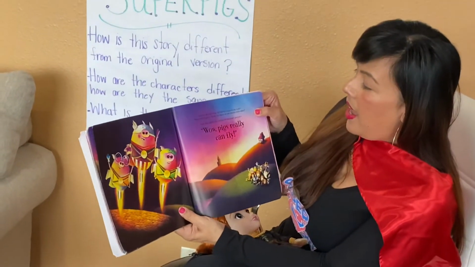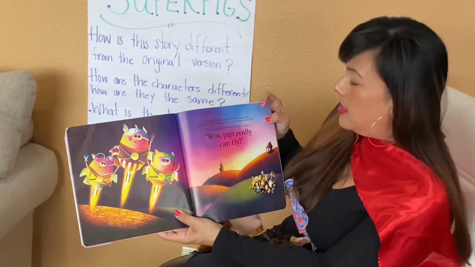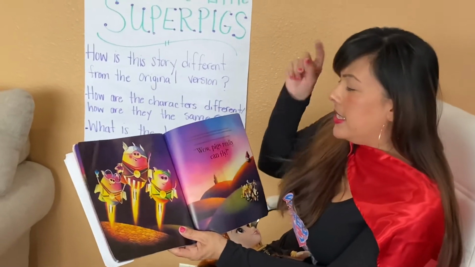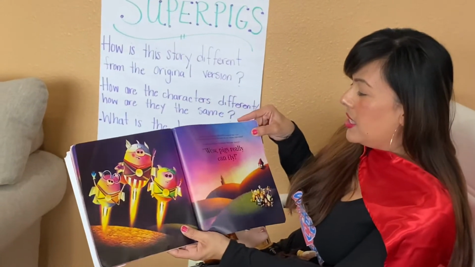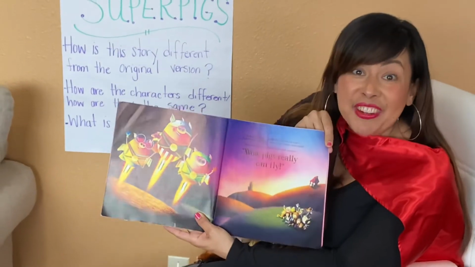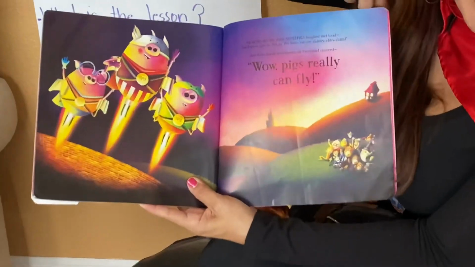Up in the sky, the 3 Super Pigs laughed out loud. "You'll never get us. Not by the hair on our chinny chin chins." And down below, the citizens of Fairyland cheered, "Wow, pigs really can fly." Look at the pigs, they're flying.